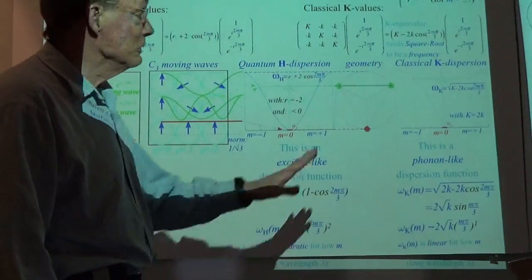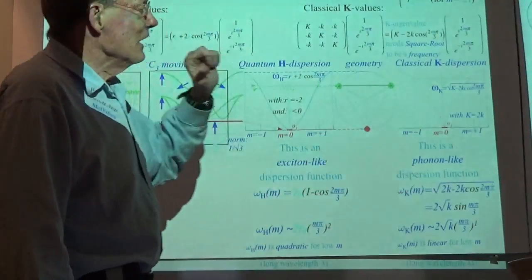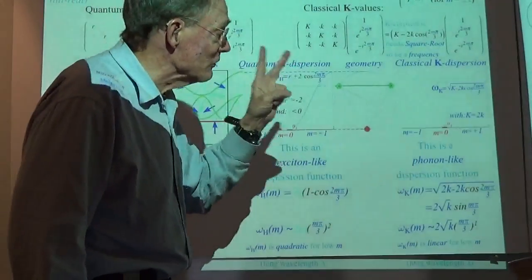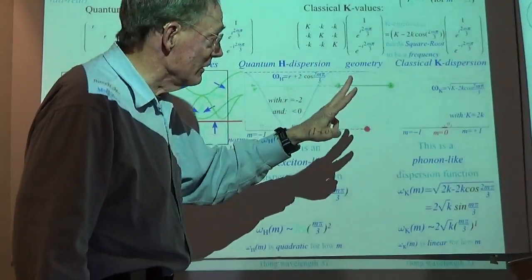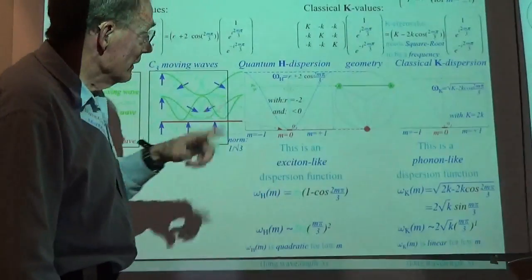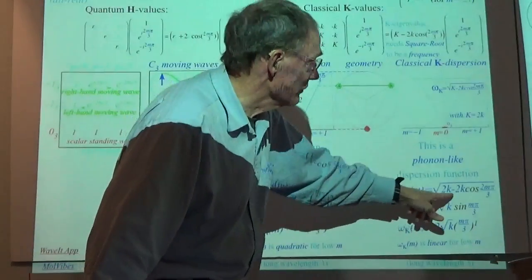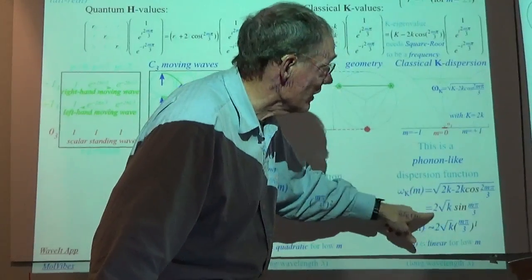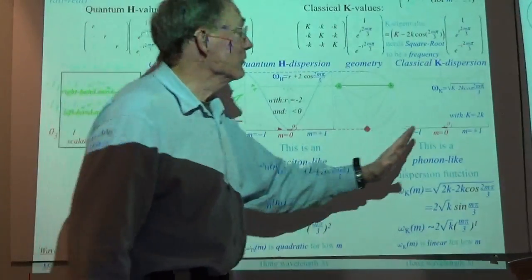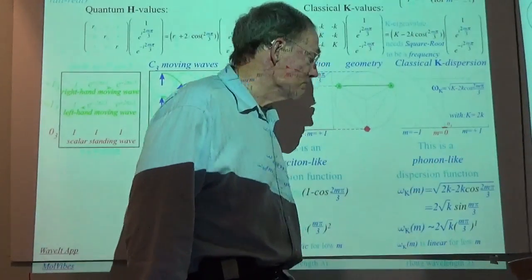So here you see a really big difference between the physics of a more than 2-dimensional oscillator, 3 in this case, in a classical setting and a quantum setting. In any case, this dispersion function, square root of that, comes out to be a sign, but it's a sign that is the absolute value. We don't let it go negative.